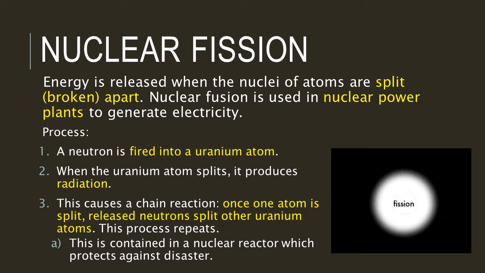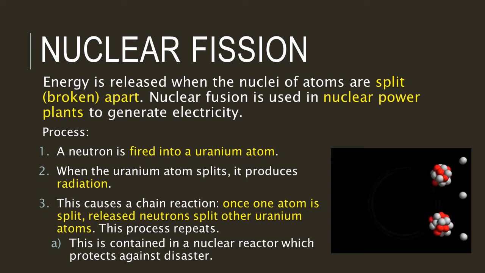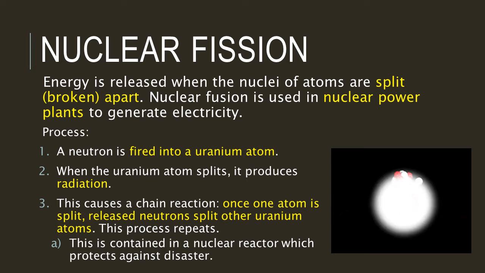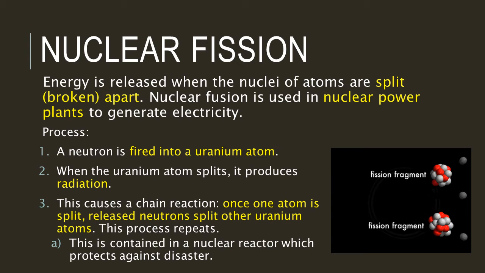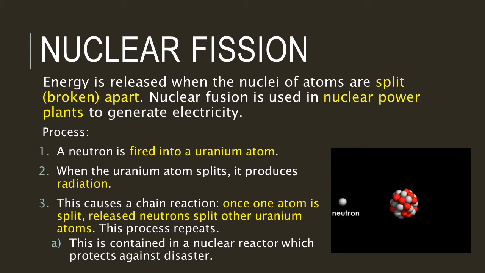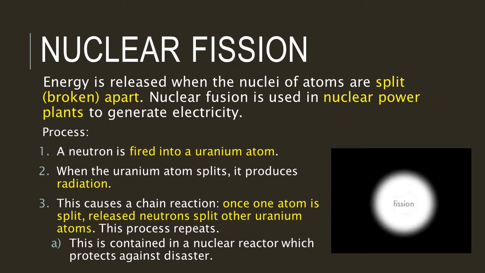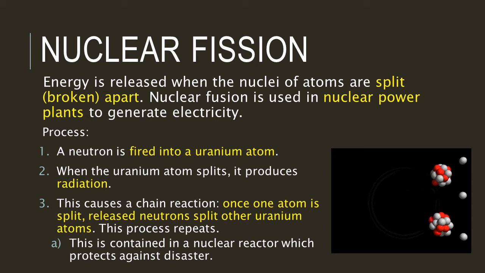What do I mean by that? Well, I mean that once one atom is split or broken apart, released neutrons begin to split other uranium atoms. And then those neutrons will split more uranium atoms, and more and more. This process just repeats continually.